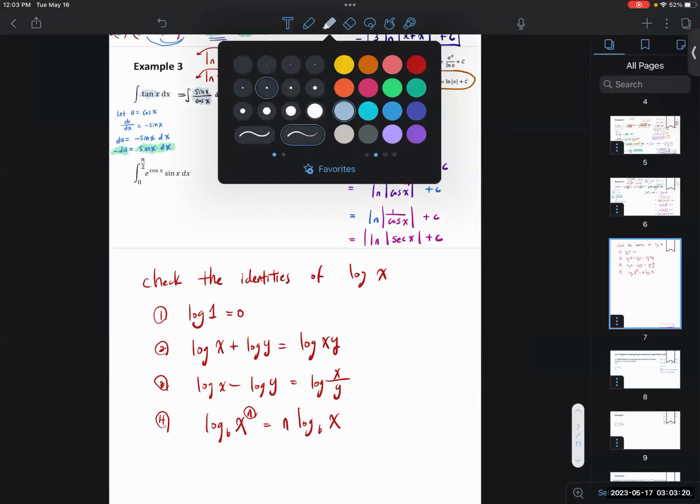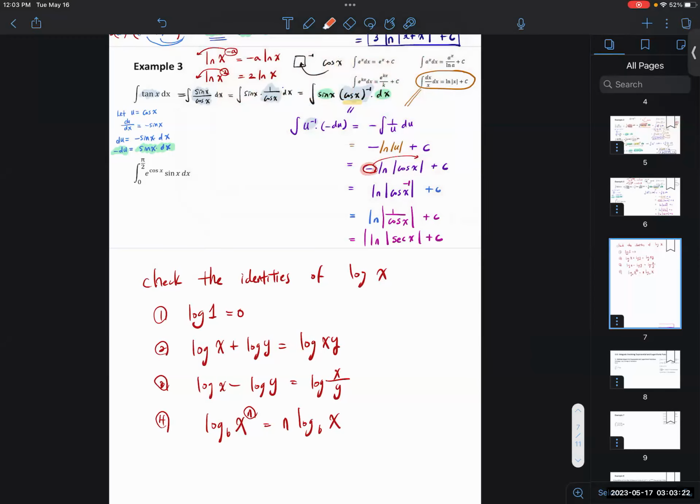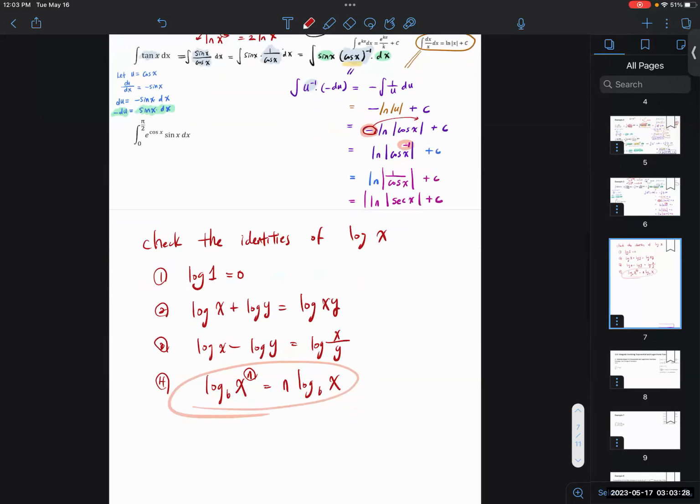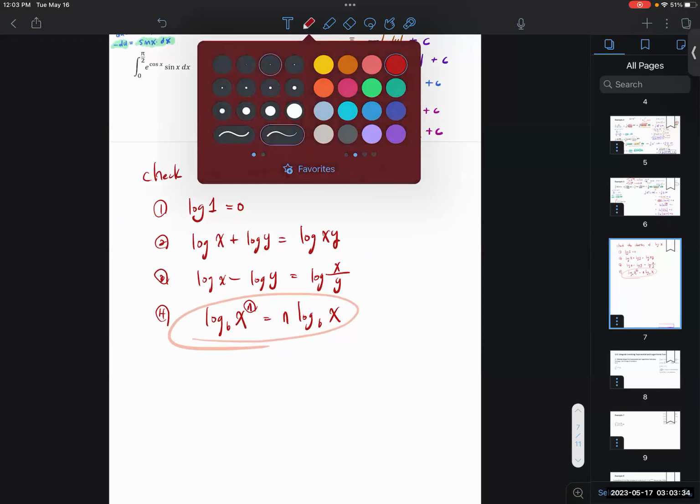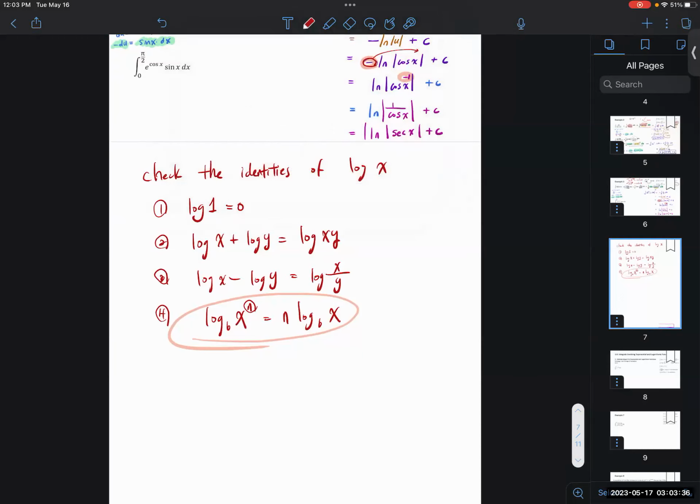I'm going to highlight that right there. This negative, you can move according to number 4. So that's how we got cosine to the -1, so that is 1/cosine x. And many people forget as well, sine x is 1/cosecant x, cosine x is 1/secant x.